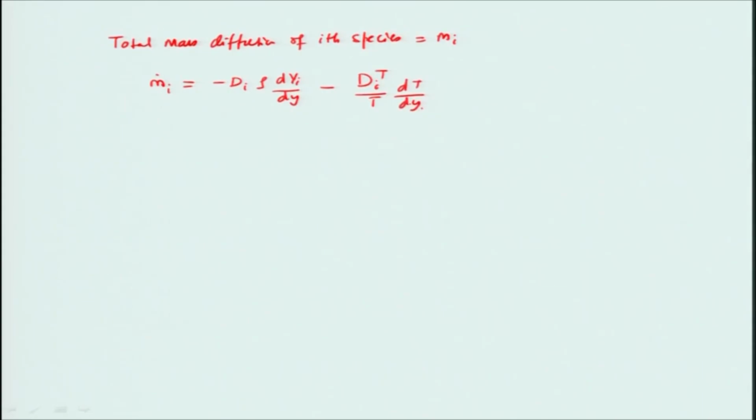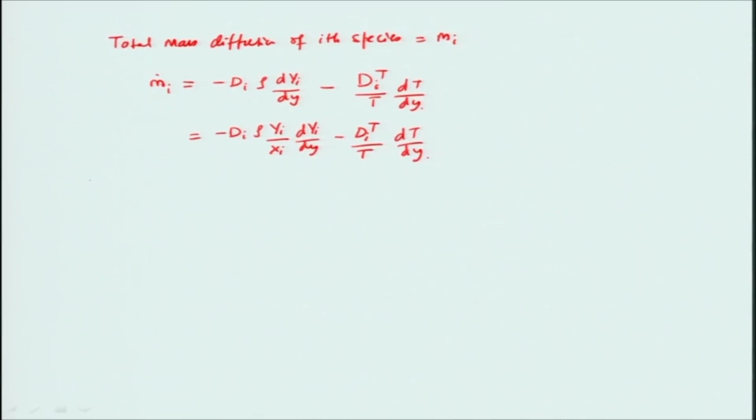Now, I can of course write this as D_i rho Y_i dX_i by dy minus D_iT by T and dT by dy.